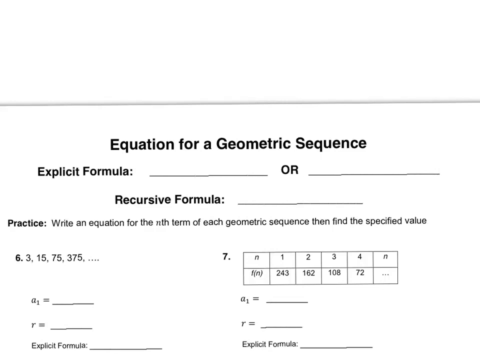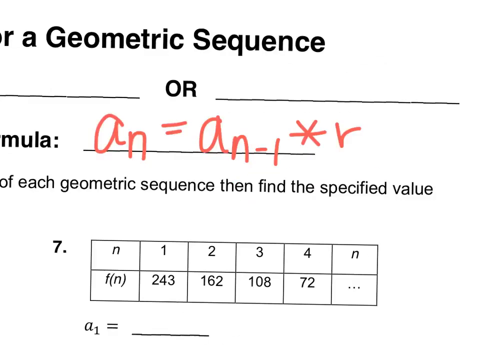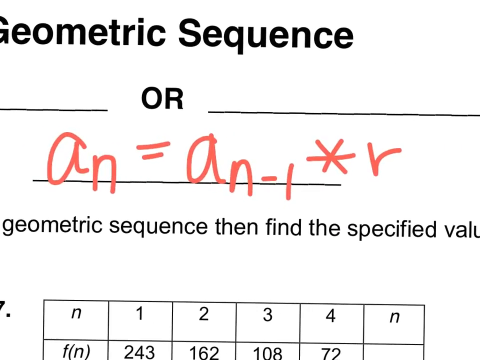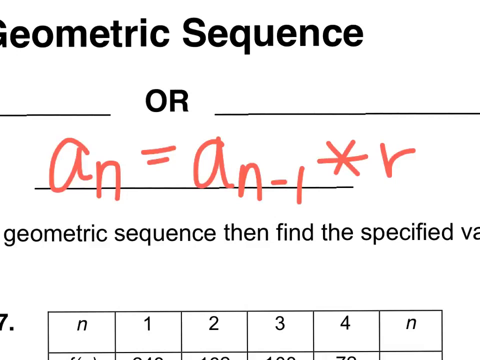It's a recursive sequence. So the formula for recursive is A sub n equals A sub n minus 1 times R. I'm going to put this into words because some of you are like, what does all this stuff mean?